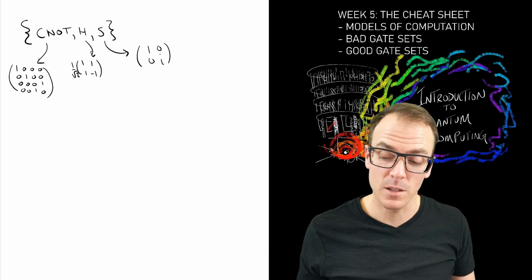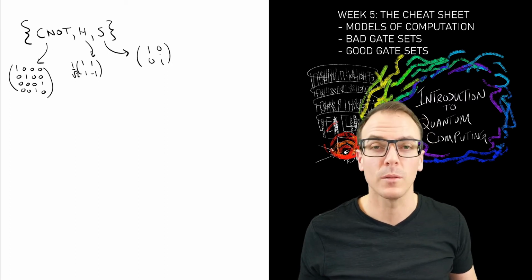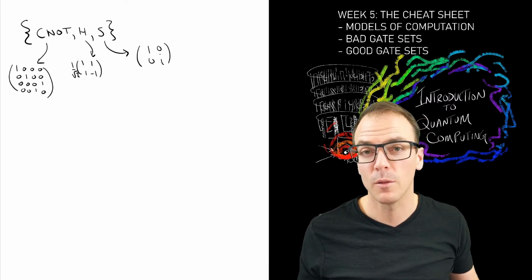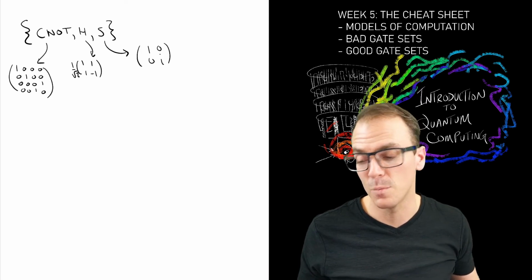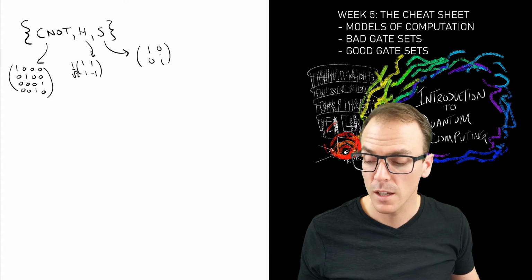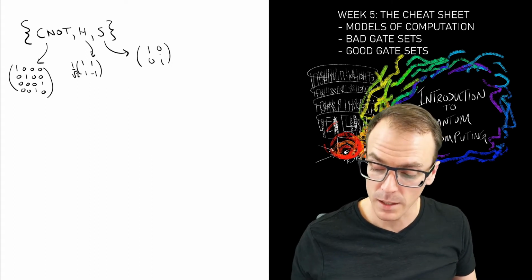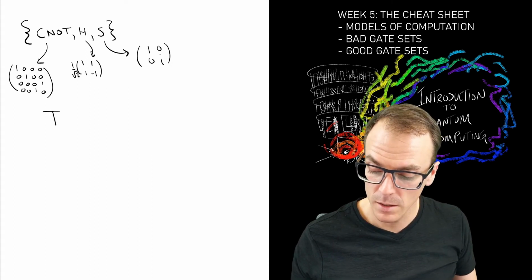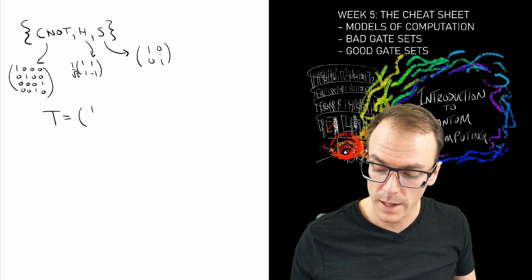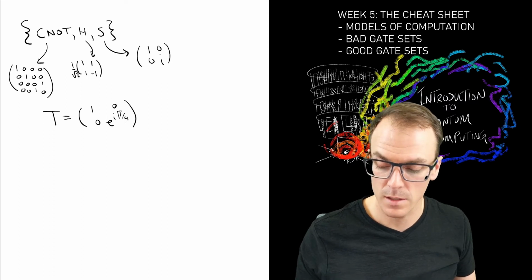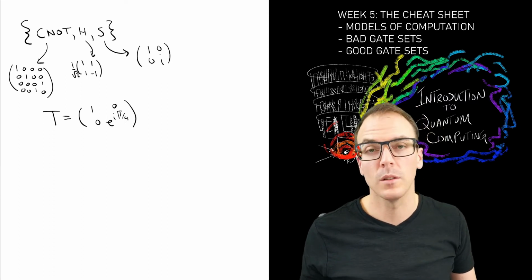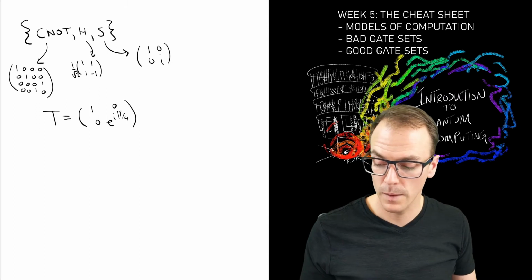And the way in which it's done is through a clever mathematical trick for representing information that is beyond the scope of these lectures. But the important thing is that there's just one extra gate called the T gate, which promotes this gate set to universal quantum computation.